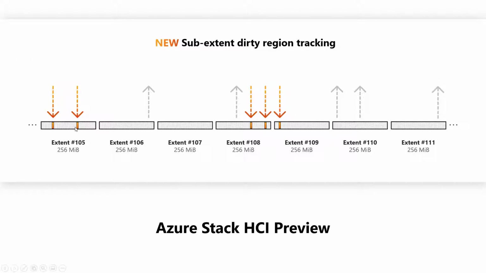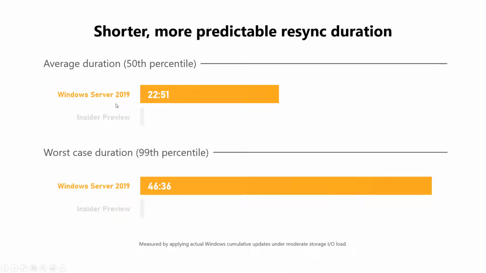So only a smaller part of the 256 megabytes has to be resynced. Let's say, I don't know the number, but for example, this can be maybe 4 megabytes. That is much faster to sync, 4 megabytes if the extent is up again, instead of copying over the whole extent. And here we have some numbers, Microsoft numbers.